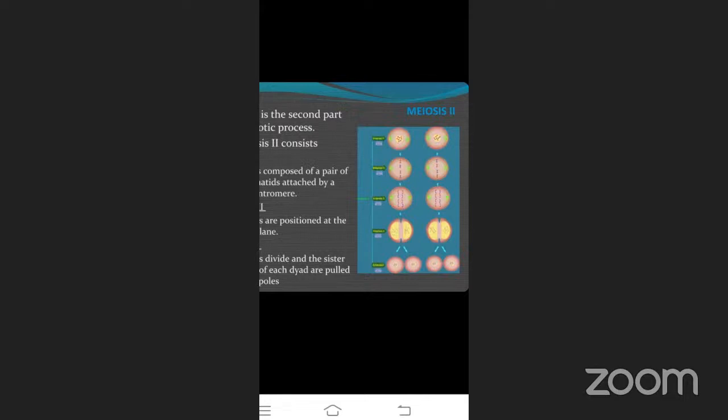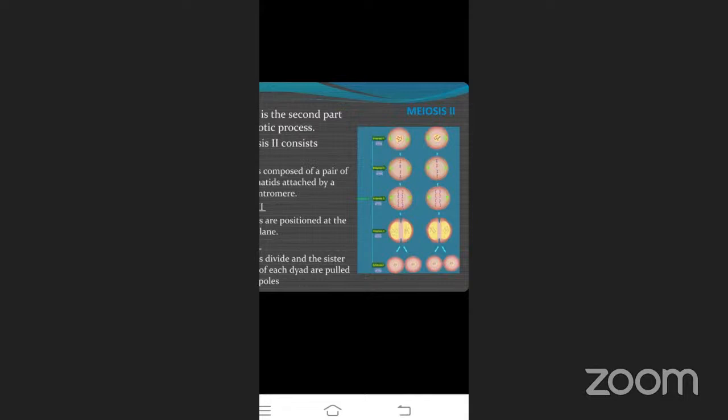The daughter chromosomes move towards the opposite poles, and this is anaphase 2. The chromosomes appear in different shapes like V, J, I, and L.